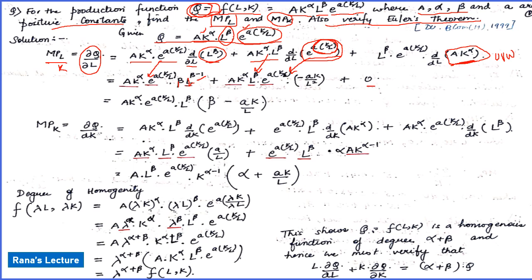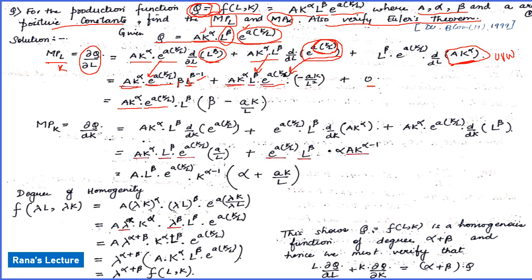Now what you have to do, you write these terms, arrange them. Now you take out the commons. You see what are the commons. A k to the power alpha, we wrote here. Over here also we have A k to the power alpha, we write this A k to the power alpha. We have e to the power a k by l, also we have here e to the power a into k by l. We take out the common, right?